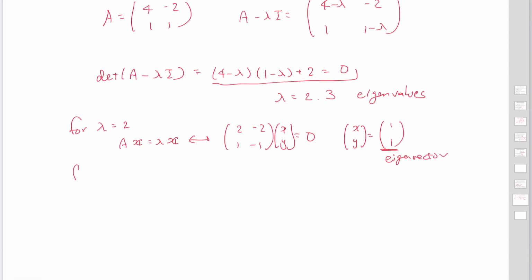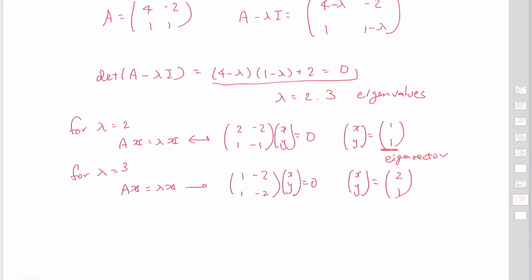And also for the case of lambda equals 3, (A minus lambda I) x is expressed as (1, minus 2; 1, minus 2) times (x, y) equals 0. So the eigenvector is expressed as (2, 1). So I explained how to find the eigenvalues and the corresponding eigenvectors. This is the end of this session.